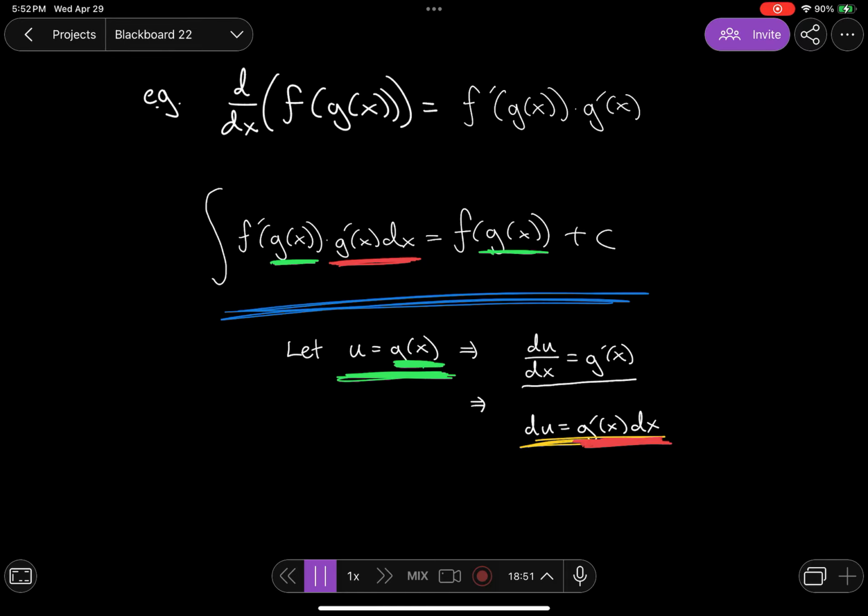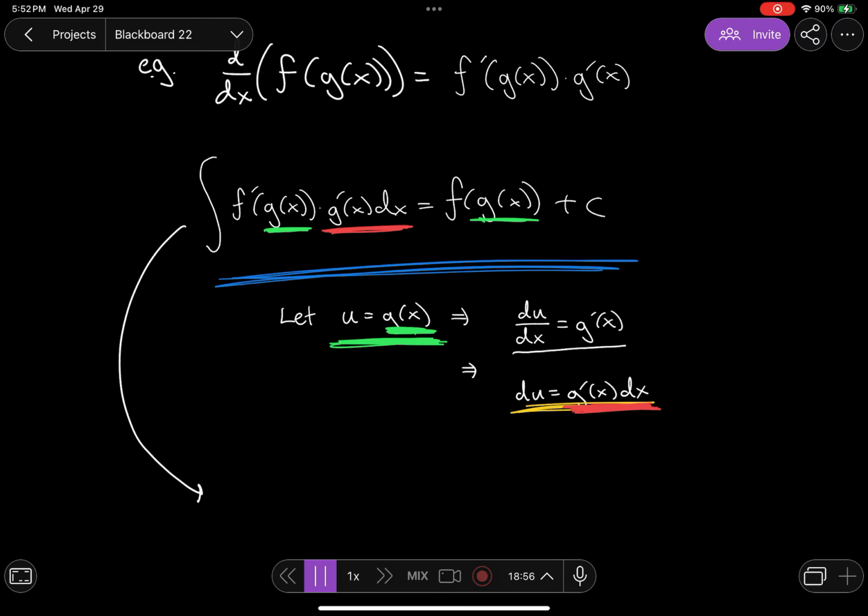So let's just do a little bit of translation here. How is my integral going to transform? I think what that says is that the integral of f prime of u, again, what I just did is I replaced this g of x with u, because that's what I named it, times du, again, this red thing right here is necessarily du once I make this substitution. f prime of u du is equal to, sorry, I missed the prime here.